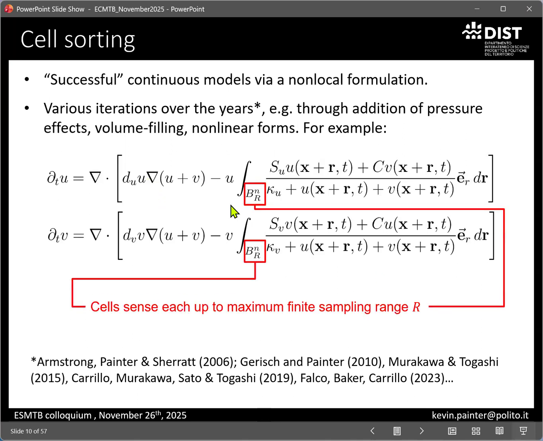One of the key parameters in these models, in addition to the adhesion strength parameters, is what we call the sampling range, which effectively models the fact that cells can only interact with other cells up to some maximum range, roughly according to the size of their cell bodies plus any protrusions that they may be extending. So this is the typical model being used to describe this.